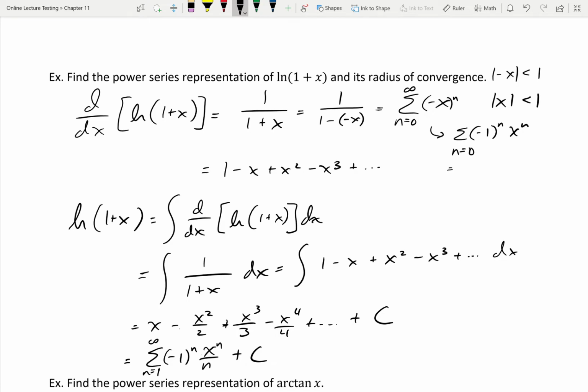So if we integrated that, notice that we get x to the n plus 1, so the negative 1 to the n comes around. Forgot my infinity symbol. All right. So if we integrate it, we get x to the n plus 1 divided by n plus 1 plus big C.